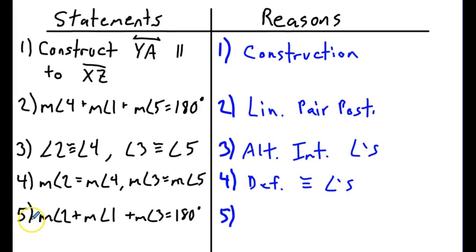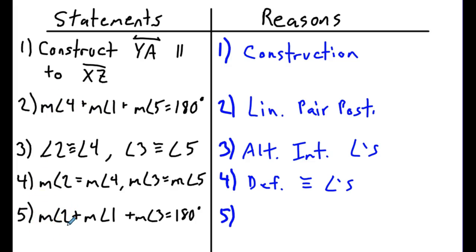And finally, we get down to step 5. Measure of angle 2 plus the measure of angle 1 plus the measure of angle 3 is equal to 180 degrees. Well, we're using a combination of step 2 and step 4. Since the measure of angle 2 is equal to the measure of angle 4, I can substitute that equal value in for the measure of angle 4, which is why from step 2 to step 5, this measure of angle 4 changes to the measure of angle 2.